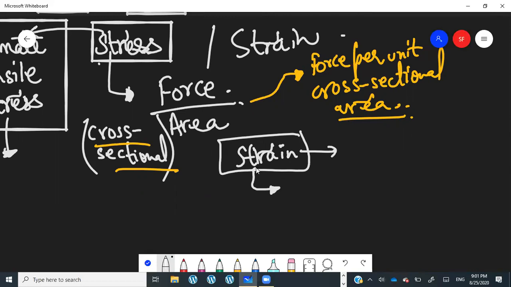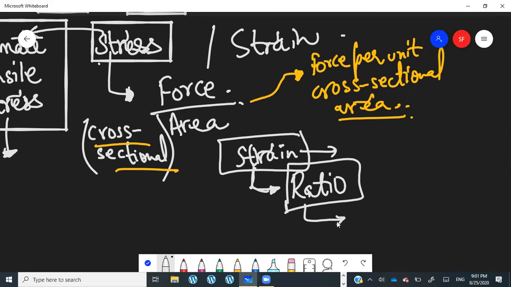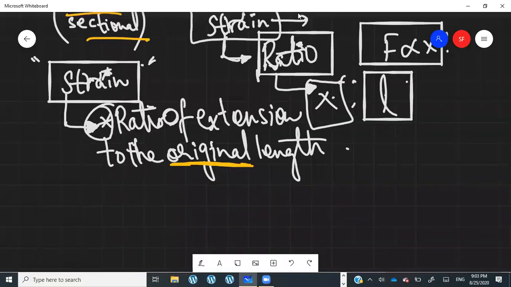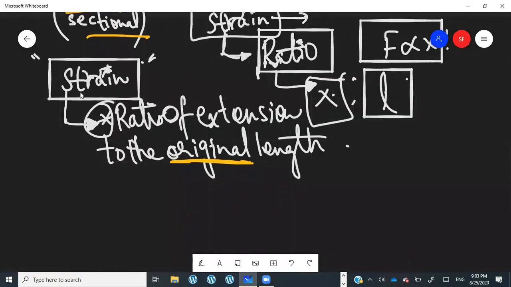Okay, extension into what? Basically, strain is a ratio. Now, do you remember it? Half into K into extension. No. Okay, so what is strain? It is a ratio: extension to the original length. Yes, to the original length. And original is the key term you must remember.